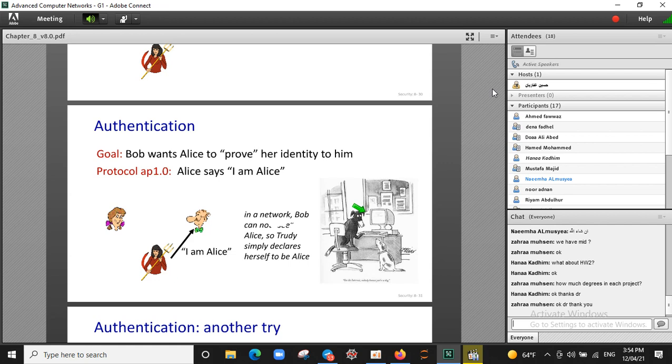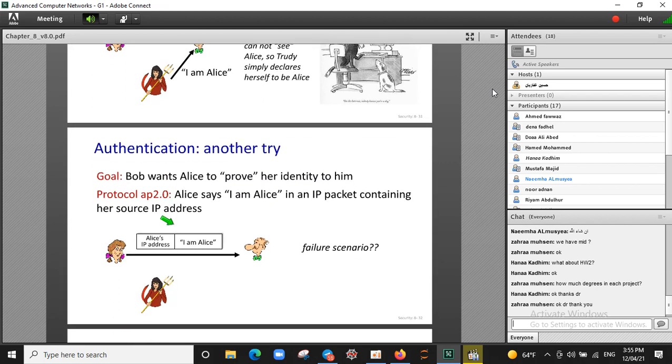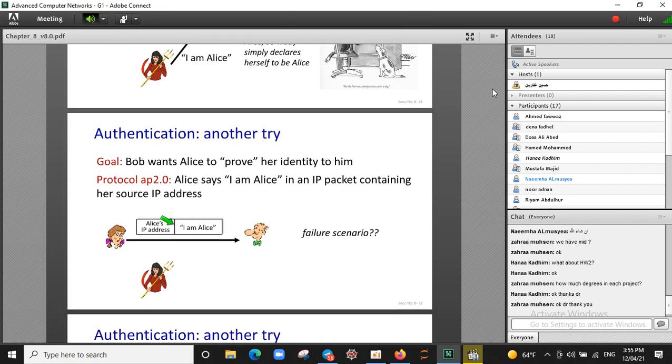You can see that instead of Alice, her dog, for example, sends me this message. I am Alice. This is a dog. I don't know who he is. Okay, I cannot see Alice. I just receive a message. But I am Alice. So this strategy, Alice says that I am Alice, is not enough, and we need something else.